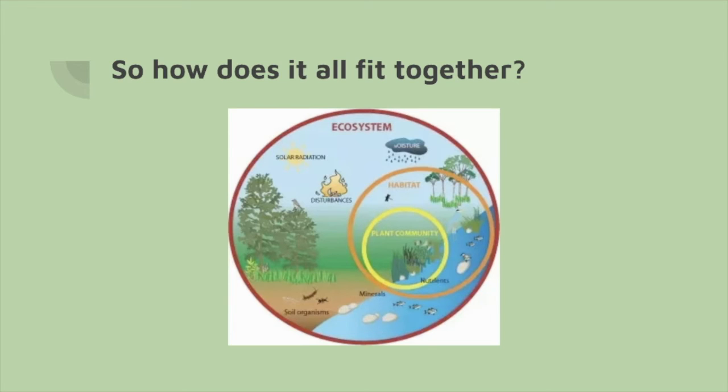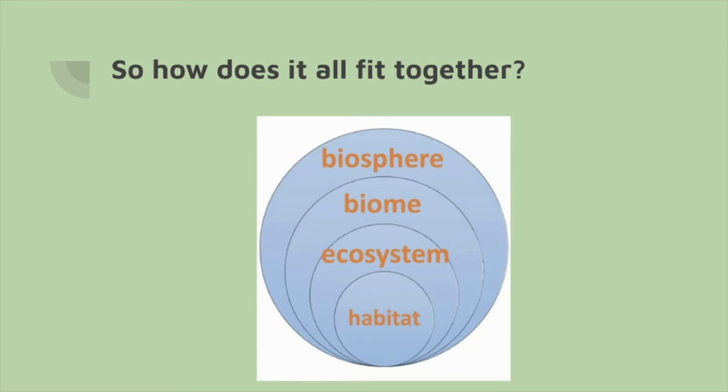And then we go one step further when we talk about biomes, which is just a connection of all of those different ecosystems, which will end up making up our whole biosphere, which, as you guys know, makes up all of the living things that we find here on Earth.